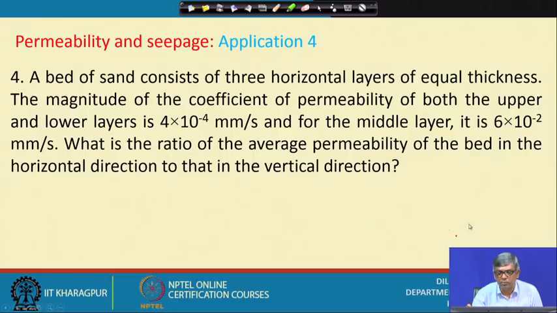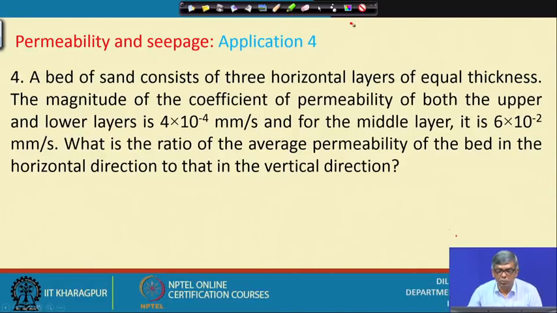Now, I will take one more problem, that is application 4. Here a bed of sand consists of 3 horizontal layers of equal thickness.